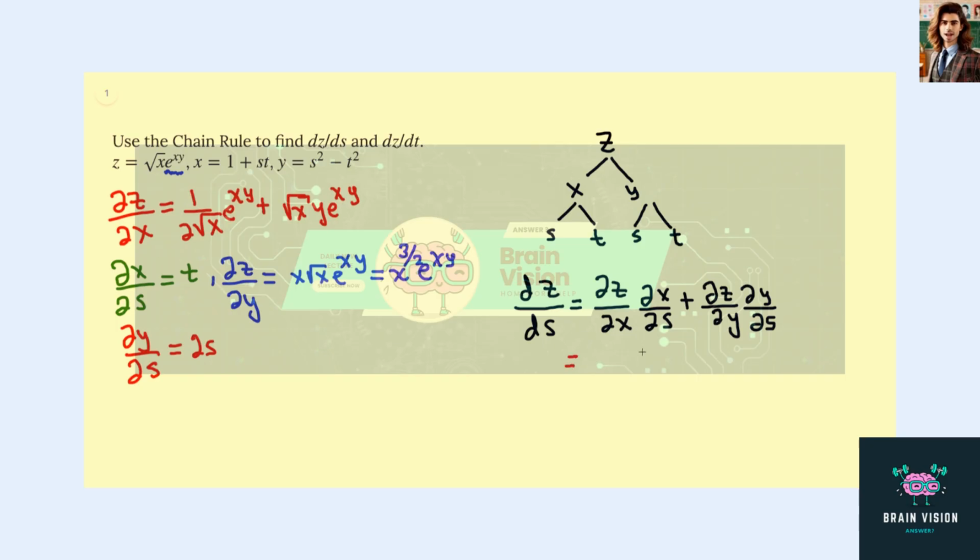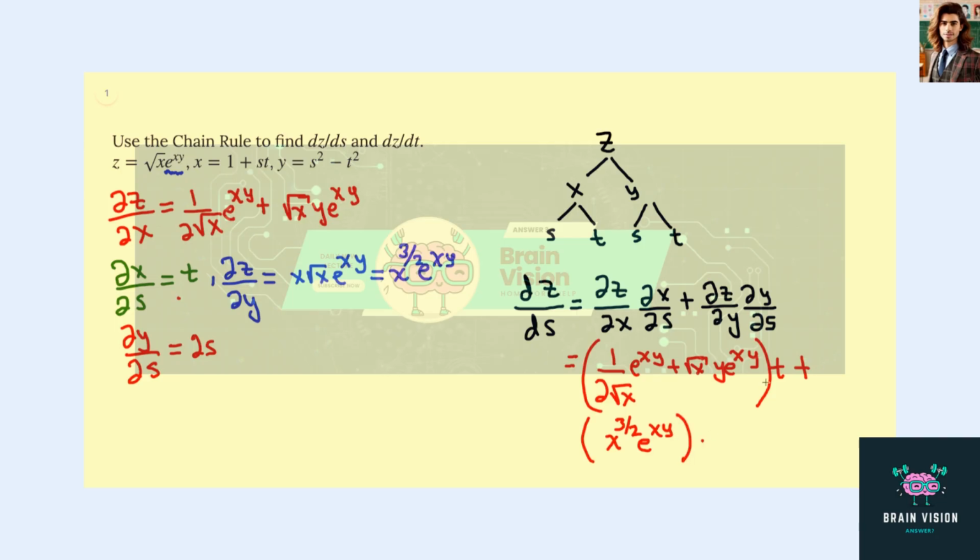So our first term, that was 1 over 2 radical x e^(xy) plus radical x y e^(xy), multiplied by the derivative of x with respect to s, that was t. And then the derivative of z with respect to y, that was our x^(3/2) e^(xy).